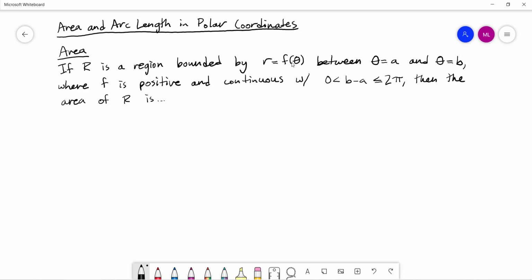Okay, so I'm about to write down the formula, but let me just go through each of these real quickly before we write it down. So we're going to have a region R. Let me draw it real quickly.